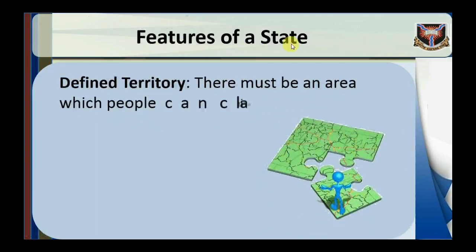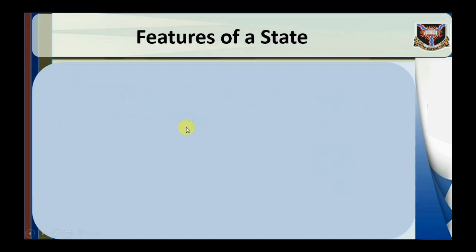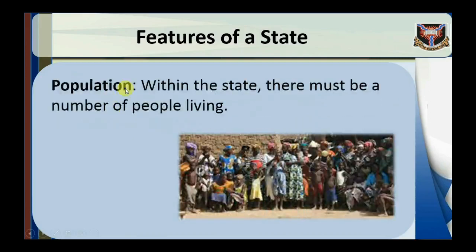Features of a state. 1. Defined territory. There must be an area which people can claim for their communities, with specific boundaries. 2. Population. Within the geographical area known as a state, there must be a number of people living in it.